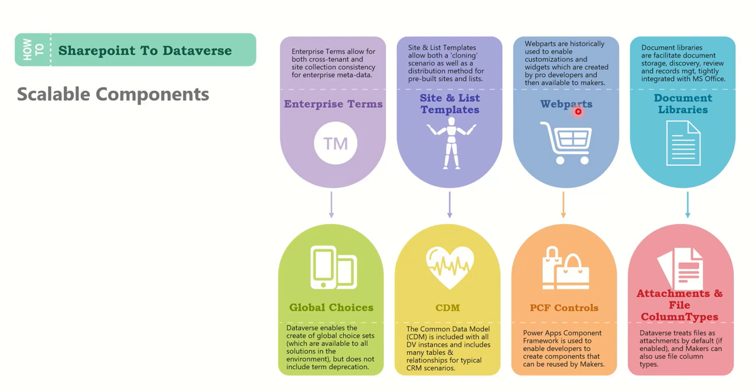And those widgets can be talking to lists, they can be talking to libraries, they can even be doing summary calculations and things like that. Those web parts probably are closer in Dataverse to PCF controls. So think of PCF, the Power Apps Component Framework, right? This is a way of building many different types of widgets that fit into your solutions.